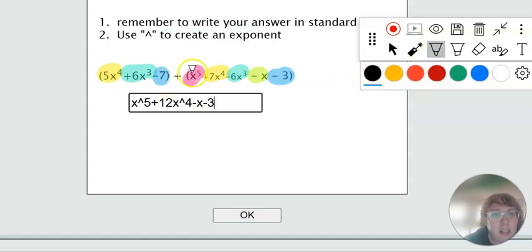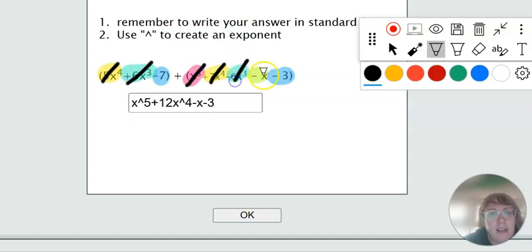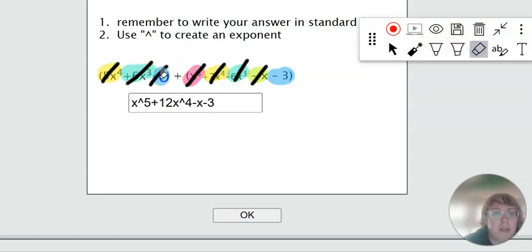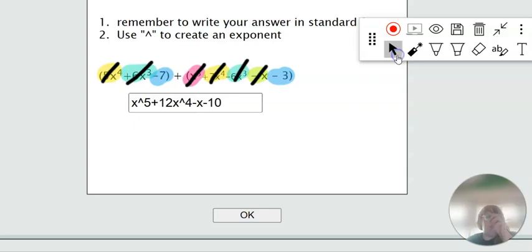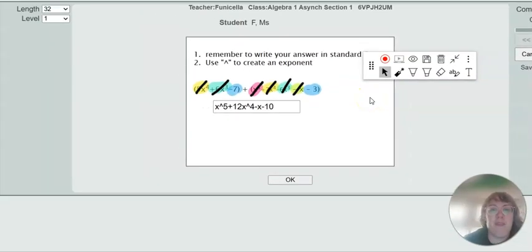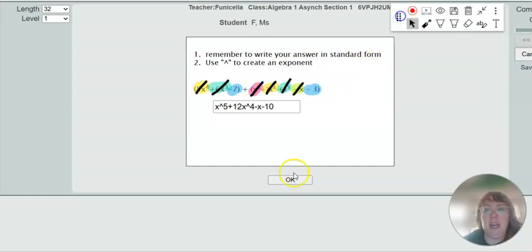Did I get everything? We got this, we got that. Those canceled. Yeah, we got it all. Oh wait, not just a negative 3. Hold on. You are important. That's a negative 7. So negative 3 minus 7 gets us a negative 10. Beautiful. Go ahead and hit OK.